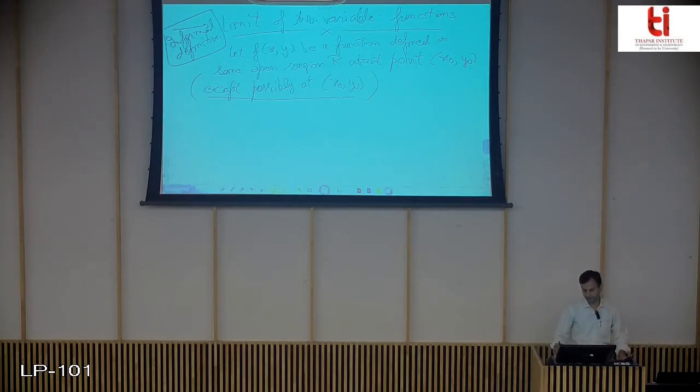For an example, you remember this thing: if you have a limit like this, there is no use of it, because you already know that for x square at x equals 2, you have the value 4. So there is no use of limit in this case. But the use of limit actually comes in these types of functions, sin x upon x.